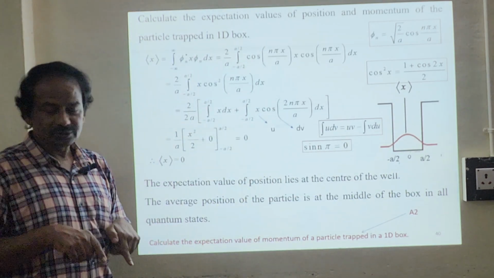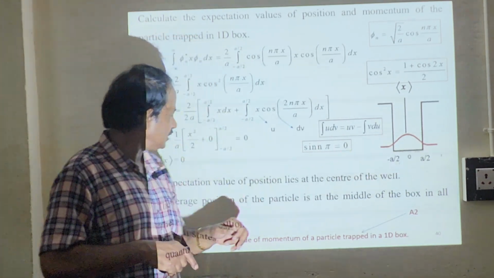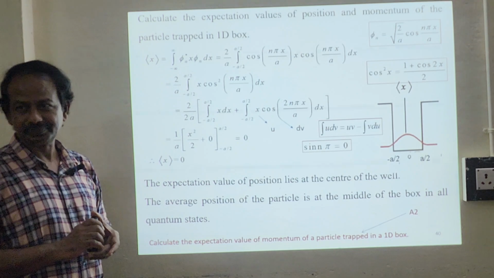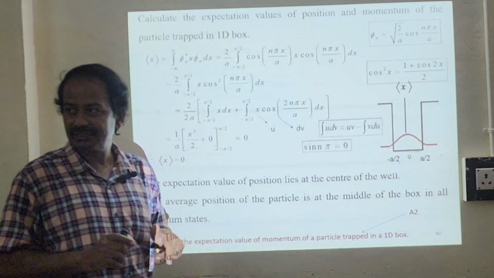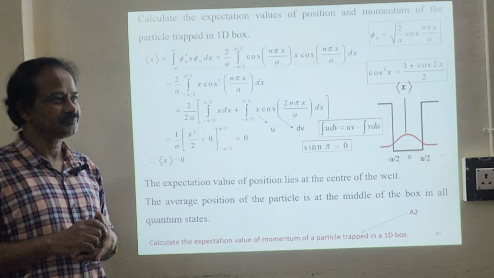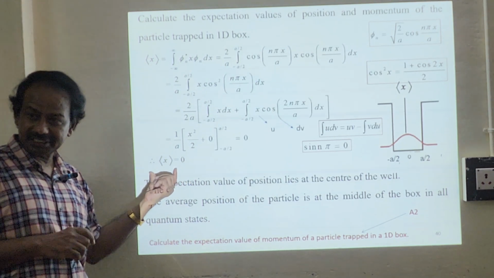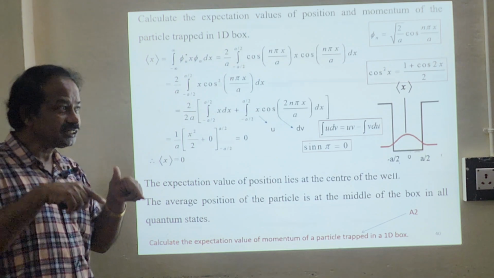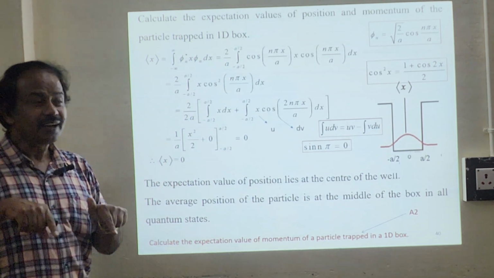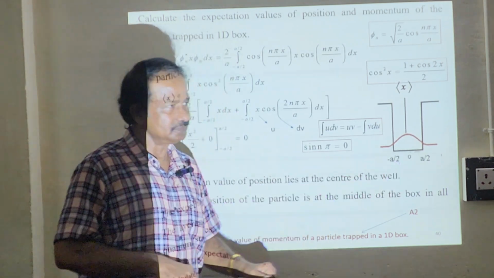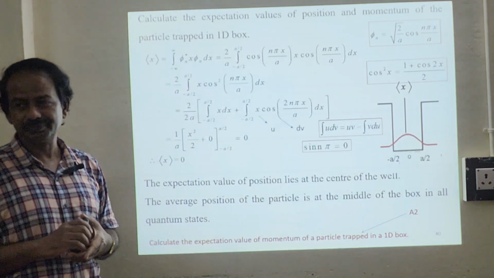So the mean position lies here, and at the mean position it is 0. That means at the 0 position the probability is maximum here. That is the maximum. The expectation value of the position lies at 0, and that is the maximum value for finding the particle.